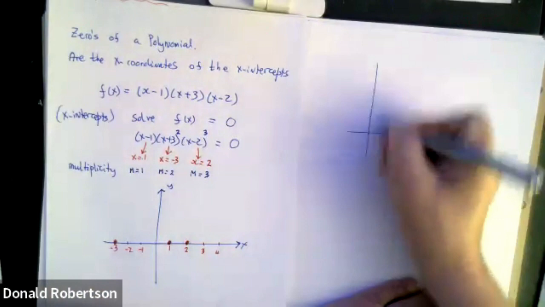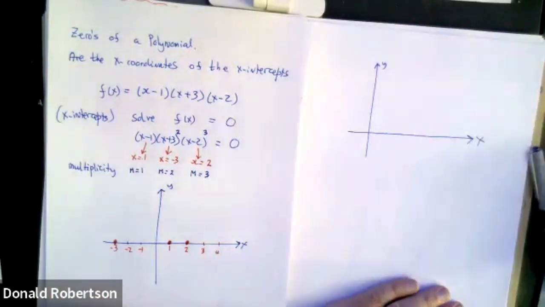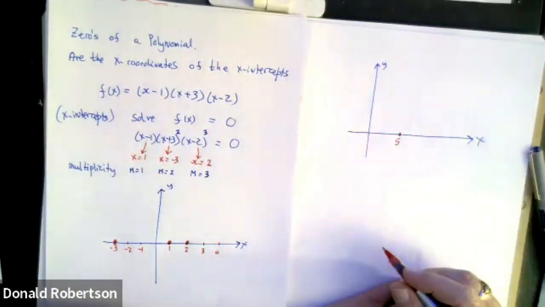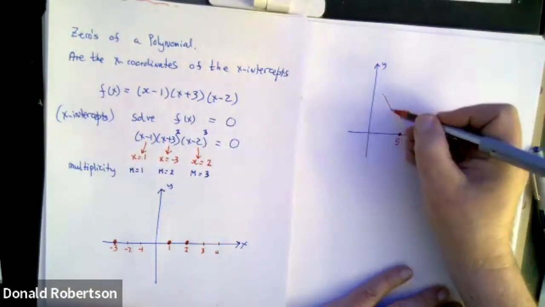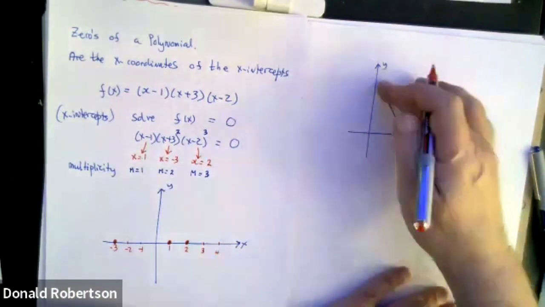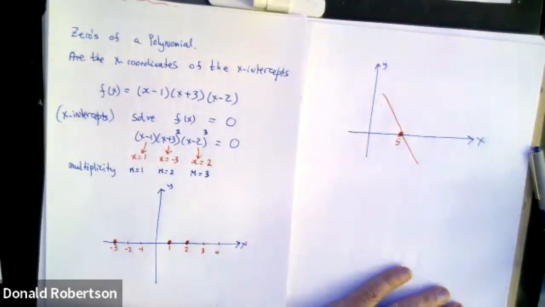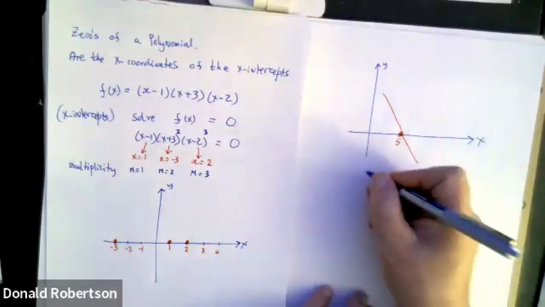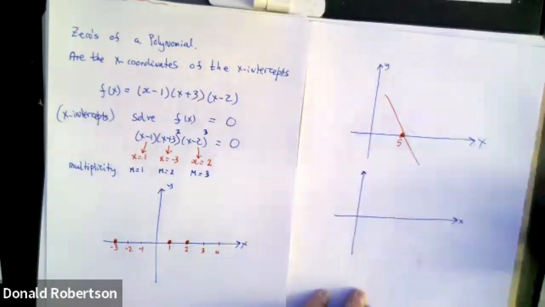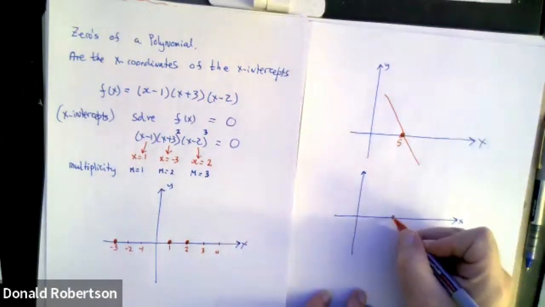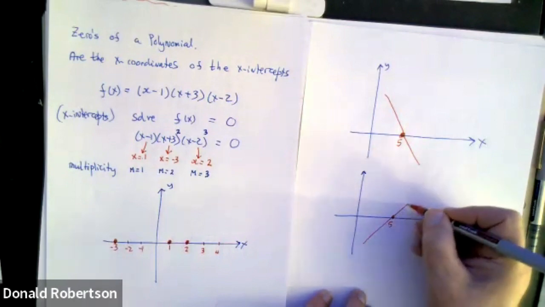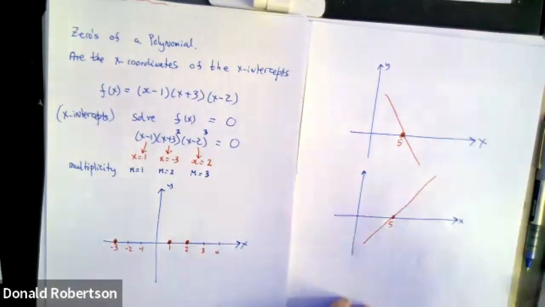Imagine that's our x-axis, right? Here's our y-axis. And I happen to have an x-intercept at, say, 5. I could get an x-intercept where the curve cuts it like that. I could get an x-intercept where it cuts it like that.